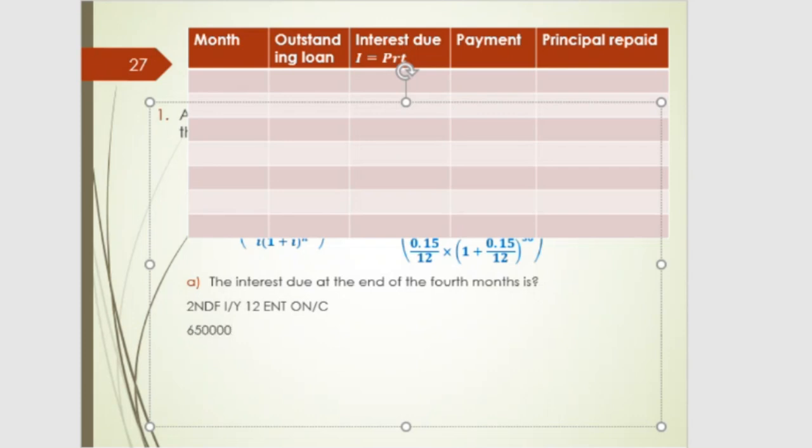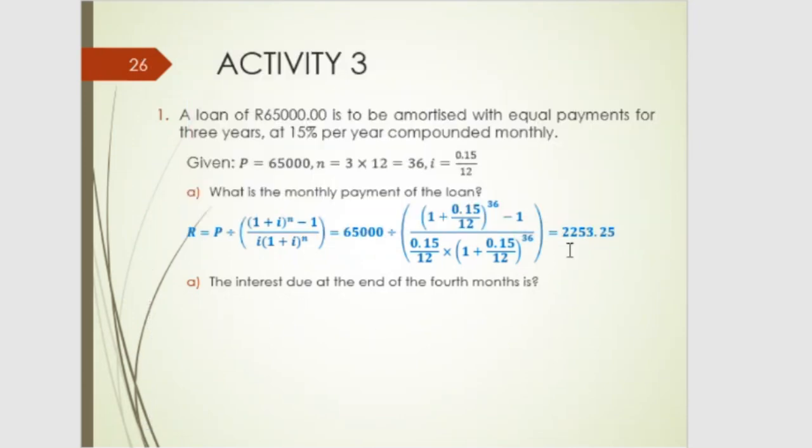So this one is PV, and then we have plus or minus. Should I include the payment? Yeah, you can include the payment. What is that value? It's 2253.225. Okay.